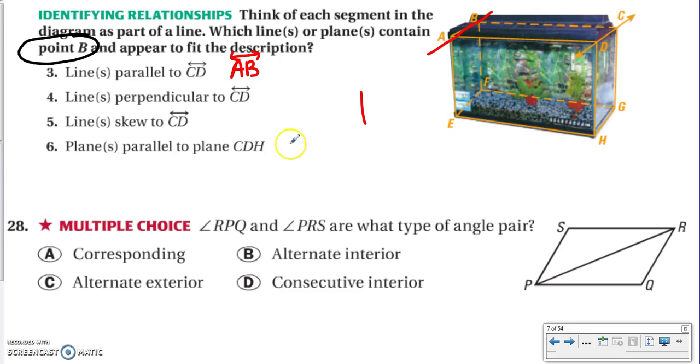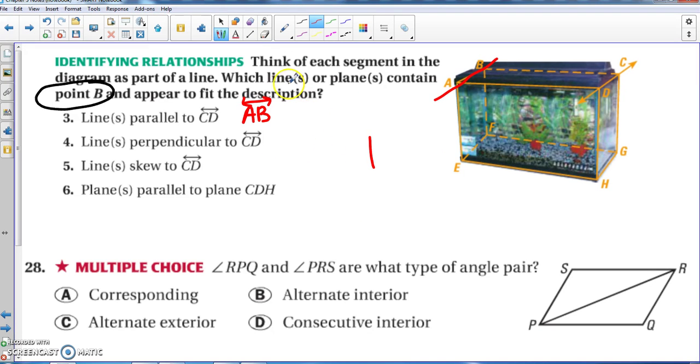Okay. All right. Then we want a line or lines that are perpendicular to CD. And so knowing in a fish aquarium, you got corners that are all perpendicular. So then perpendicular to this, and it has to include point B from the directions, that's going to be line BC. And that's the only answer that goes through B and is perpendicular to line CD.